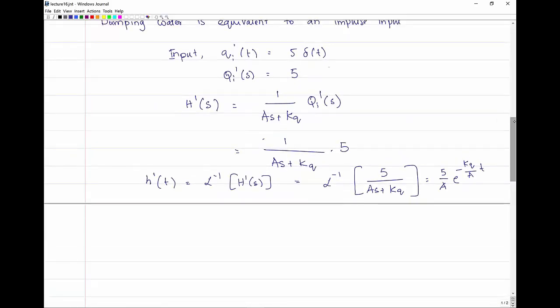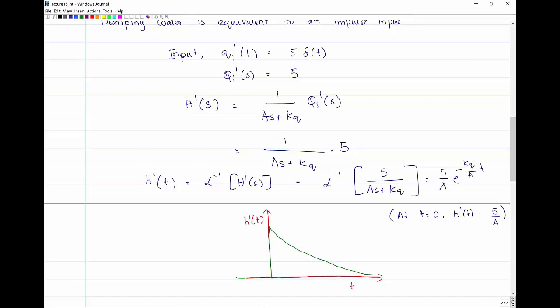The interesting property of this exponential function is that when t equal to 0, you will notice a sudden abrupt increase in the height. The magnitude of that abrupt increase is going to be 5 over A. That increase is going to be followed by a rapid exponential decrease in height. In other words, when you quickly dump water into a tank such as this one, you will notice a sudden abrupt increase in the height.